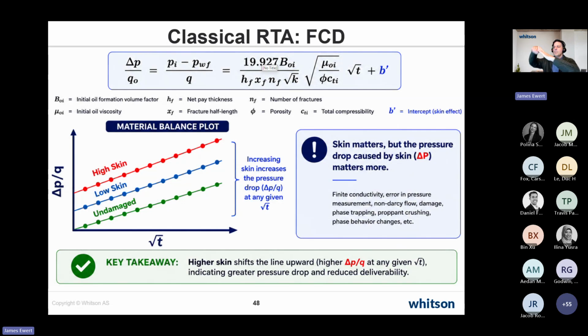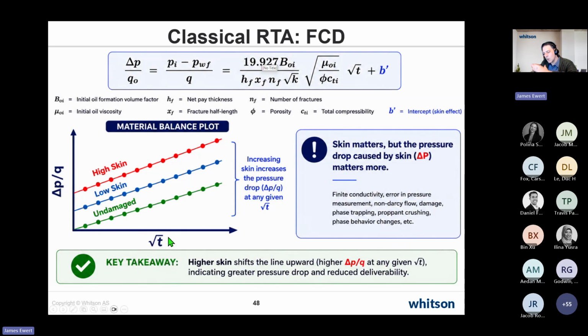Typically what people do is they'll match the line to that curved data and it gives them a negative y-intercept. That means that you've most likely analyzed transitional flow data instead of linear flow data. The proper use of this plot, the best you can do is the data going through the origin. If you do have a skin or productivity loss, you have a positive y-intercept. You do not expect to have a negative y-intercept.